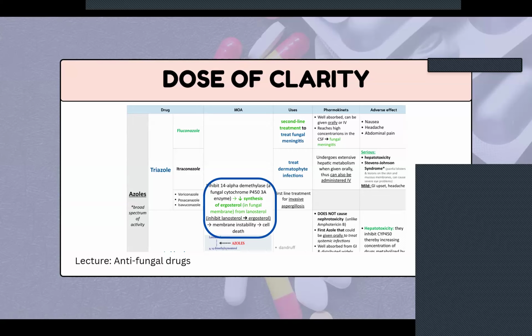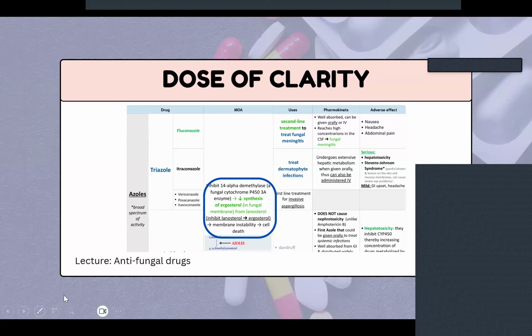And caspofungin, it has another mechanism of action. What's the mechanism of action of caspofungin? Inhibit glucan synthesis. Yes, perfect. So it inhibits beta-D-glucan synthesis. So that cannot be the answer. And terbinafine, it inhibits squalene epoxidase.